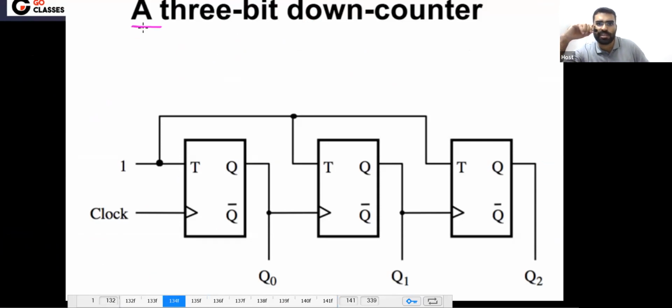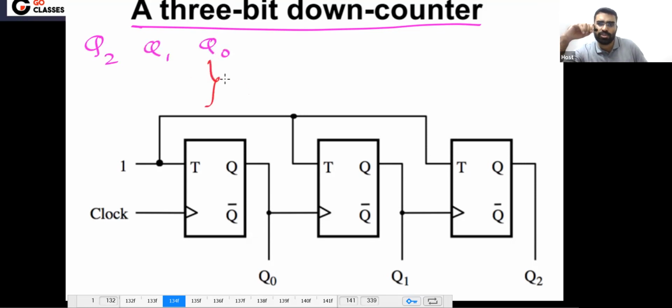This is your Q2, this is your Q1, this is your Q0. In this, you want this to change in every cycle. This is what you desire, correct?